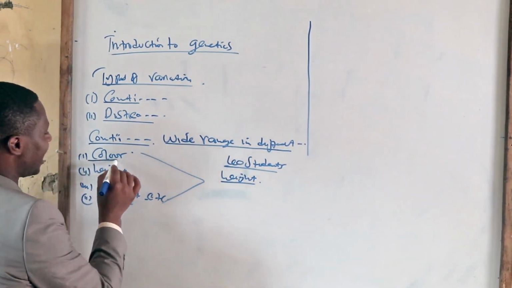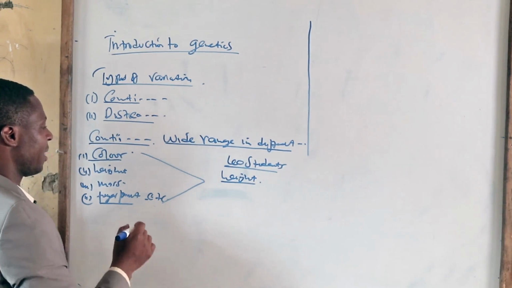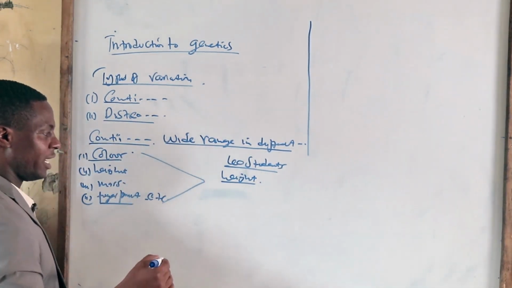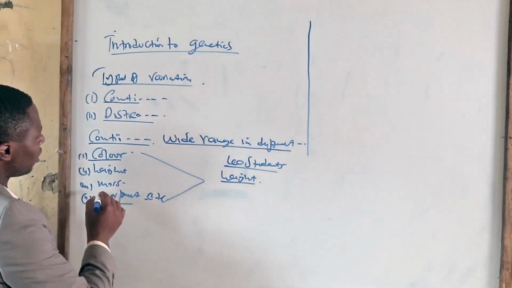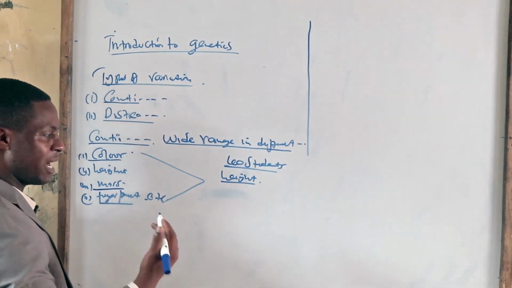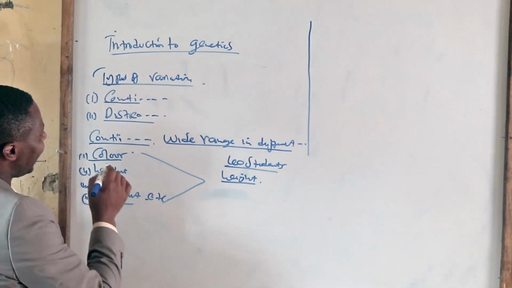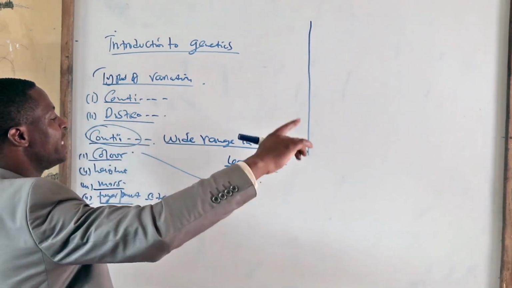When we talk about color, we are all different. Even if you are African or black, our blending is not the same. There is a difference in the color of our skin, even in our family. When we talk about mass, we don't have the same mass. The mass keeps on changing from one student to another, and that is what we call continuous. There is a wide range of that.